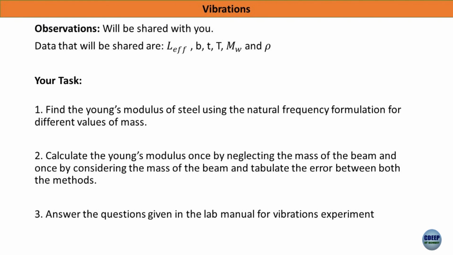And further, your task will be to find the Young's modulus of the steel, and also to find the Young's modulus of the steel by considering the weight of the beam, which is a steel scale here, and also to find the error between considering the weight and without considering that. What is the error that you get in the Young's modulus? You have to tabulate that as well, and also answer the questions that have been shared in the lab manual with you. Yes, thank you.